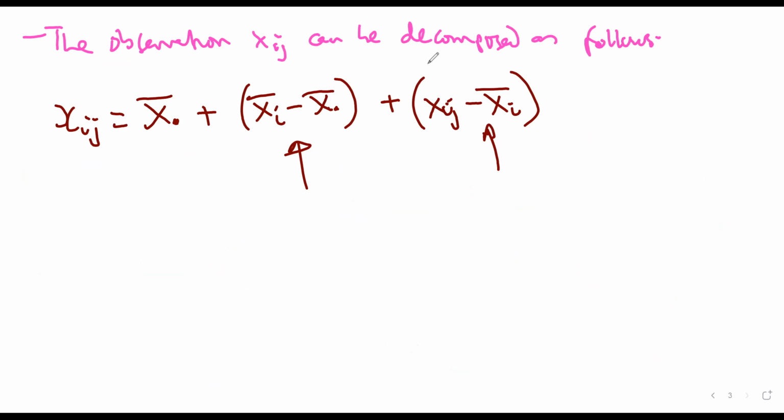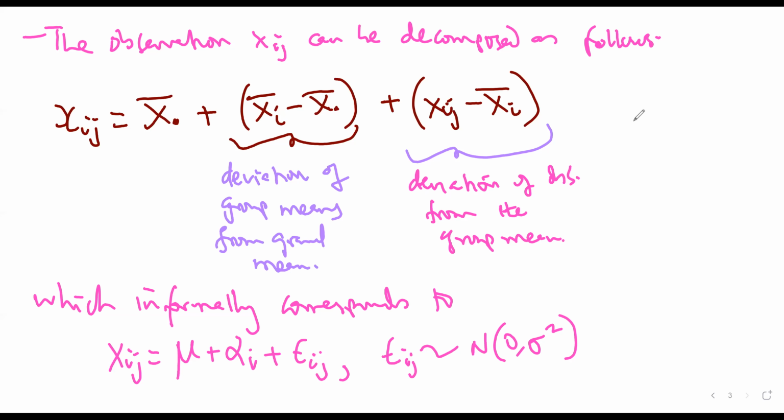So let me have some description down here. That explanation is what you've written down there. And we can say that this particular equation, which you can call equation number 1, informally corresponds to equation number 2, where you have xij equal to mu plus alpha i's plus epsilon ij's, where the epsilon ij's, of course, are the errors or the residuals or the noise.